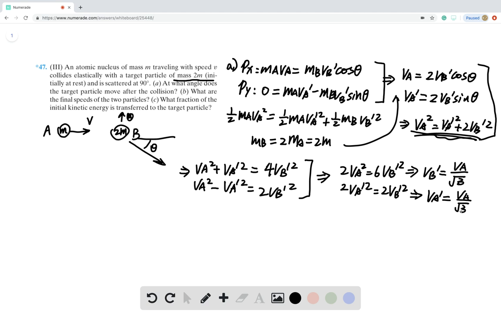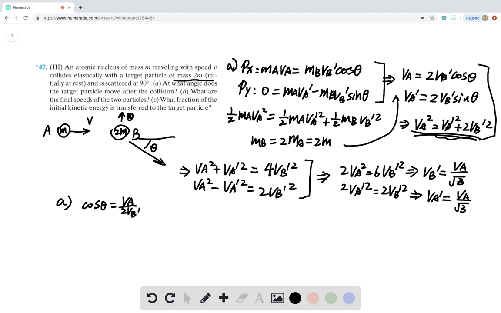So now let's go to the 3 parts of the question. Part A asks, what is the angle of the target particle after the collision? So that is asking us, what is theta? To find theta, we have cosine theta equals VA over 2VB prime.